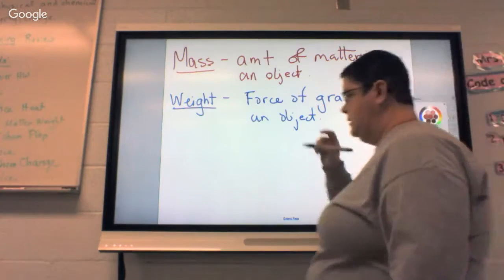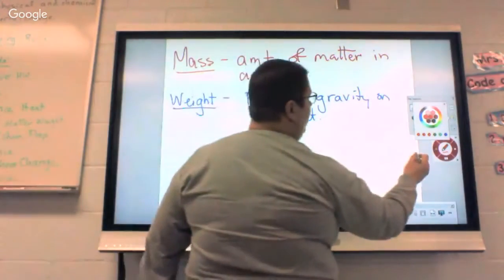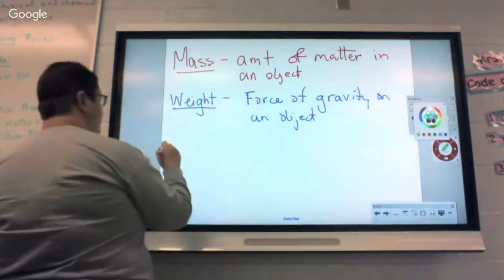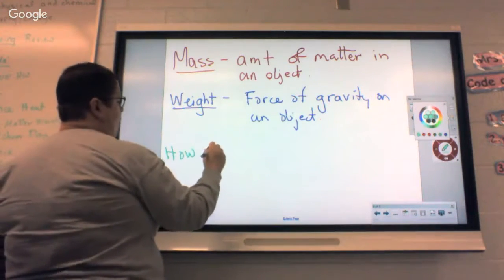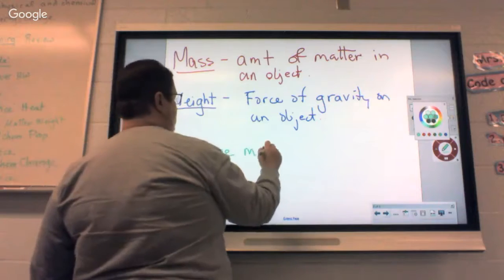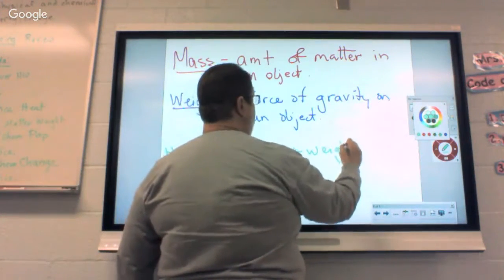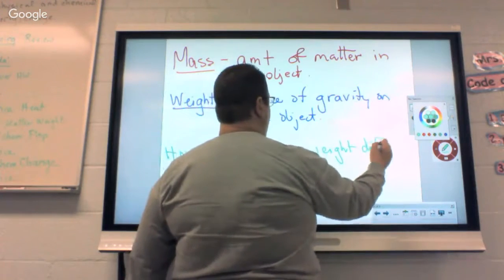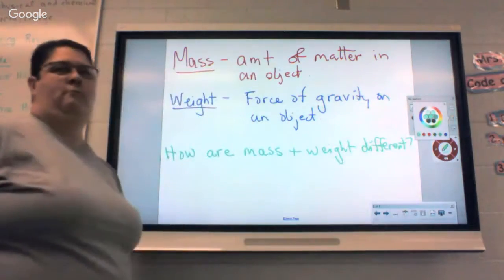So, if we consider mass and weight, how are mass and weight different?